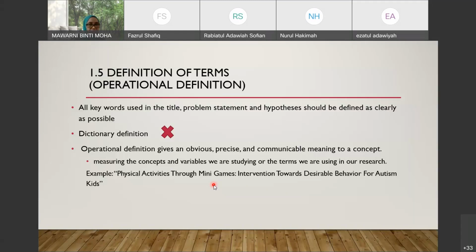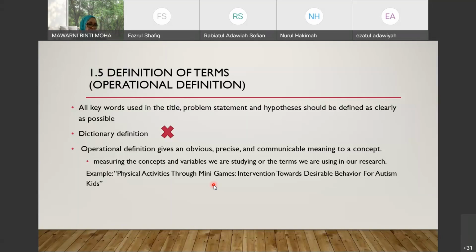And autism. What do you mean by autism? You may have a standard clinical definition of autism. However, in this particular research, the autism kids referred to are ADHD children from age 6 to 12 years old. So you refer to your research. You say, in this particular research, or mild autism.